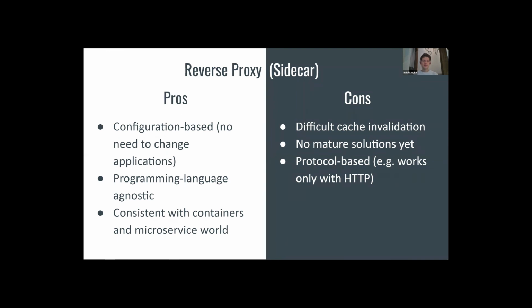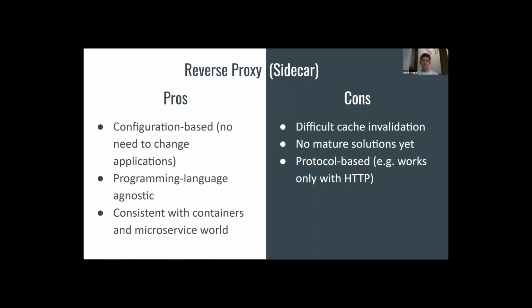Short summary. What is good about reverse proxy? It's configuration based. That is the reason why you will use it. That is the whole beauty of the reverse proxy approach. There is no need to change your application. It's obviously programming language agnostic. It's everything agnostic. The application is not even aware of the reverse proxy.